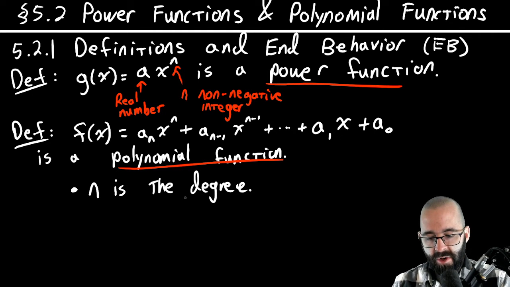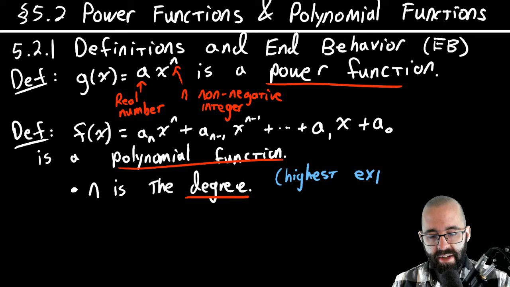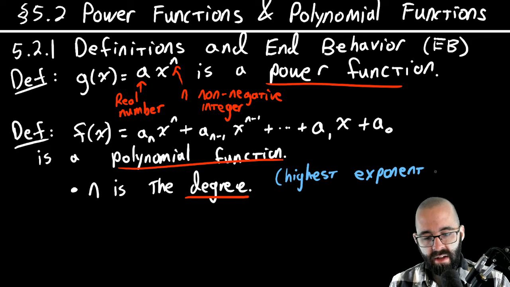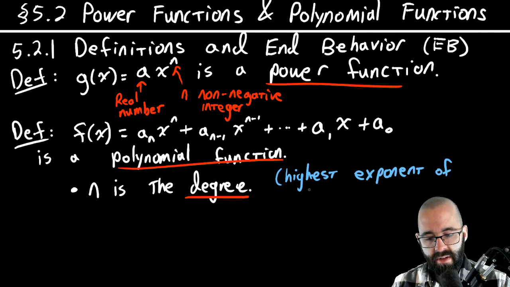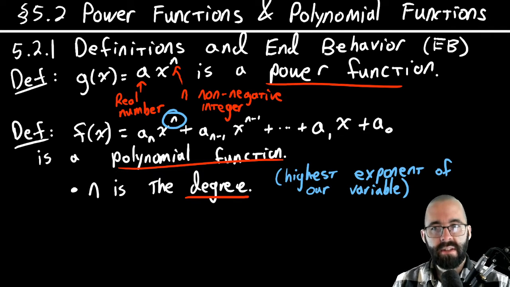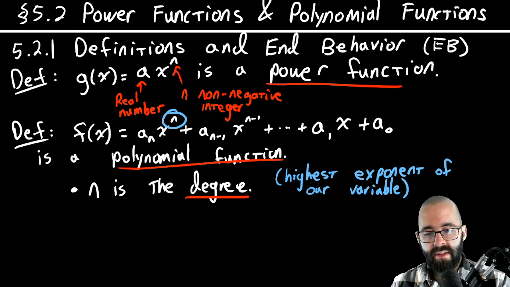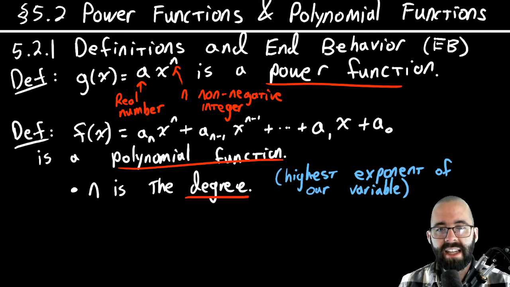The degree is the highest exponent of our variable. It's not necessarily always the first exponent unless it's written in the right form, but it is the highest exponent.